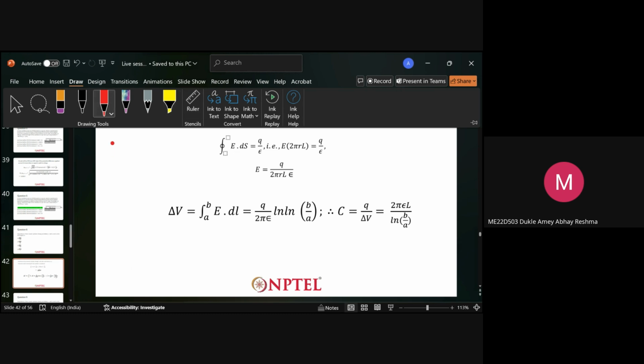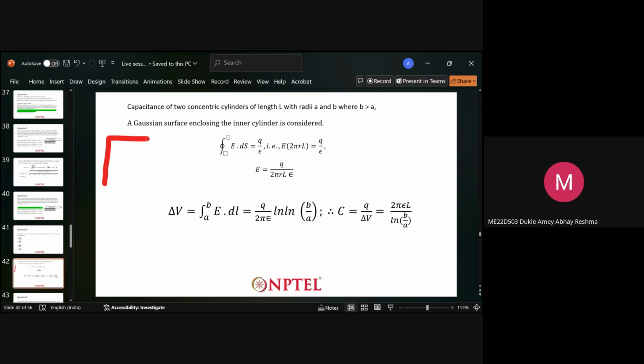Just to explain what we have done: we have two cylinders. This is A, this is B. First we applied Gauss's law over this length, and we found out the electric field over this length.